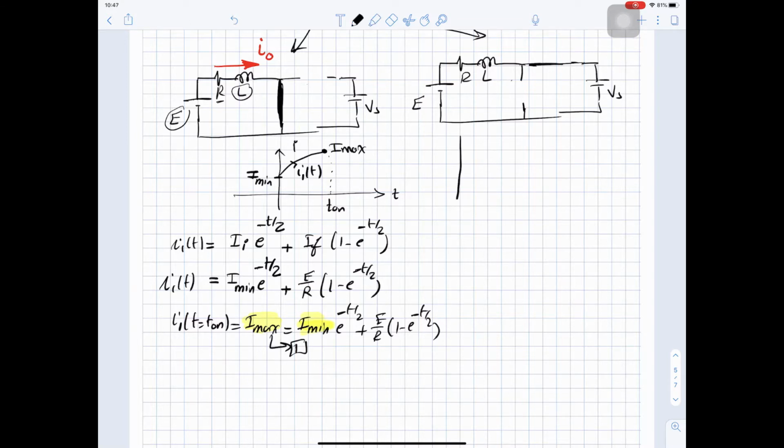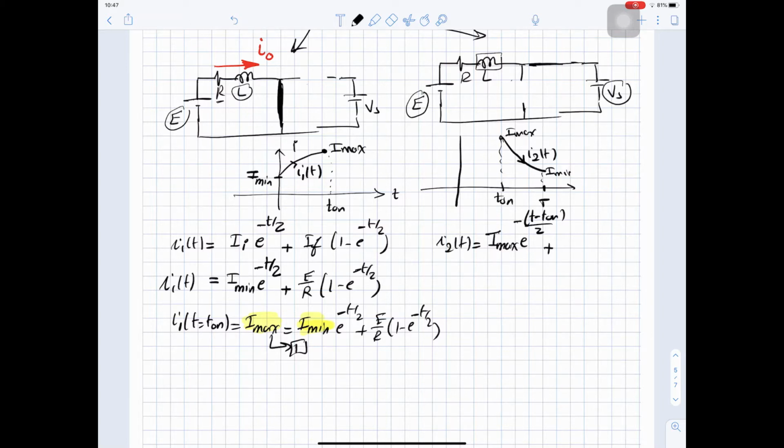And during the discharging time, which starts at time T on and goes up to T, we start from I max and we go to I min, and this equation is I2 of T. So I2 of T equal to, the initial value is I max, and don't forget the shifting of axes, and the final value when the inductance is short circuit, the final will be E minus V divided by R. So the final is E minus V divided by R, (1 - e^(-(T-T on)/tau)).